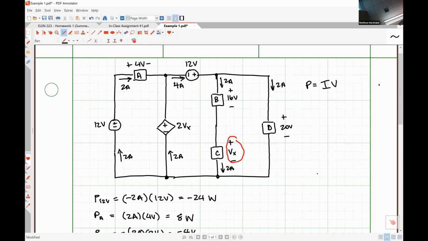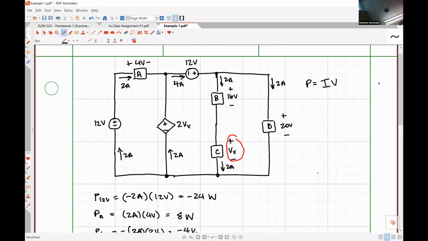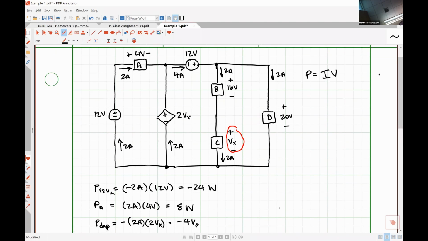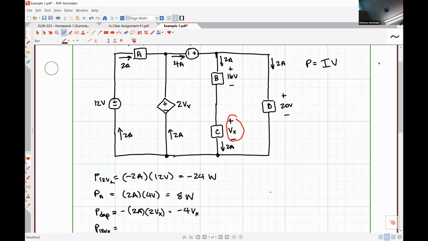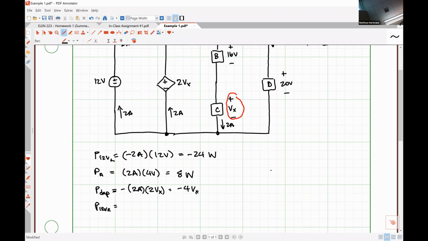We have, oh crap, we have 2 12-volt sources in here, so let's call this one left. So we have another 12-volt source. Call that 12-volt right. A current of 4 amps is flowing into the negative polarity terminal. So we're going to have negative 4 amps times 12 volts is equal to negative 48 watts.